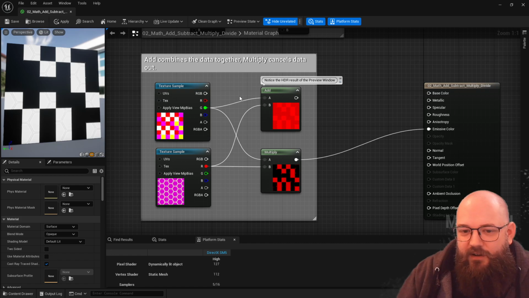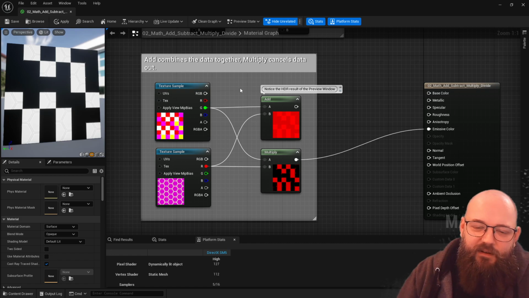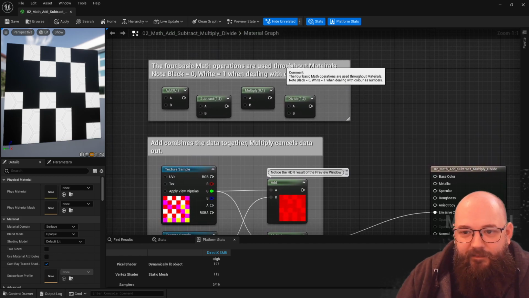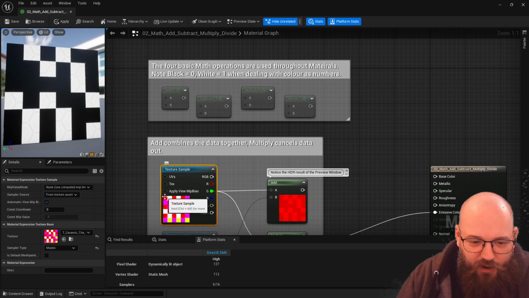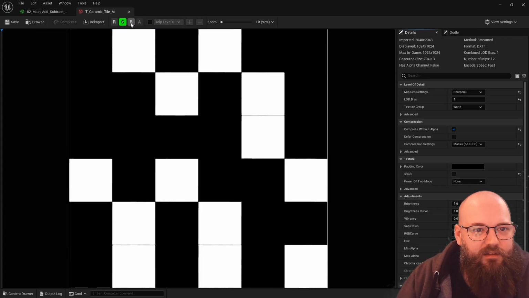Okay, we'll be using adding and multiplying a lot when building up various materials, just combining different bits of data together. When we're dealing with our textures, it takes it per pixel, and so if we have a look at our green channel, that's what we're using. Each of these pixels is either black or white.